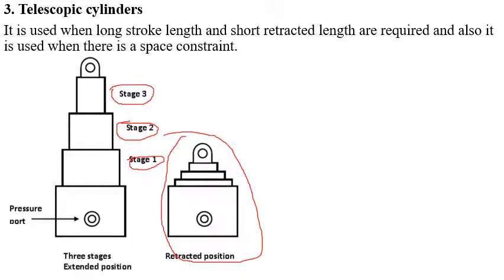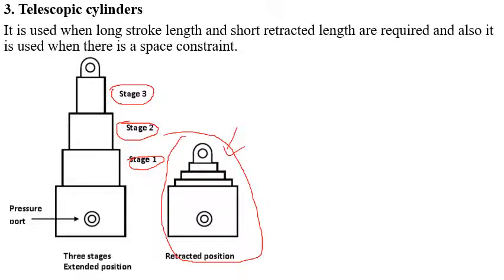So in this structure it has three sleeves or three stages. Similarly, as the liquid comes out of the cylinder, all the extended sleeves come back to their original retracted position. Stage 3 retracts, then stage 2, then stage 1, and it comes to its position like this.